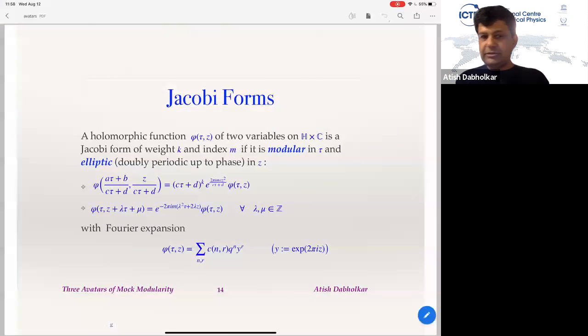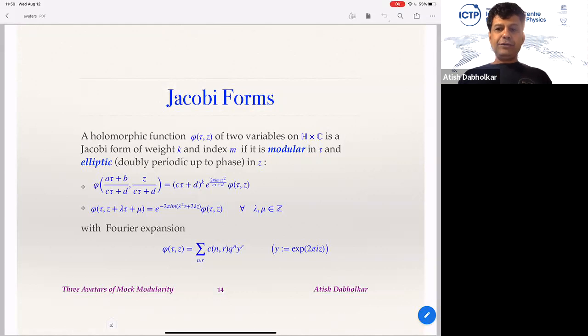And so phi of tau, z plus lambda tau plus mu is almost phi of tau z, but up to some phase. And it is modular, again, like before, but up to some phase. So again, this is a highly symmetric function. It's a function of two variables, highly symmetric in tau and highly symmetric in z, under two different discrete infinite groups, SL(2,Z) and the group of translations in a plane.